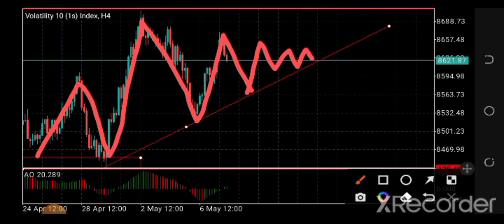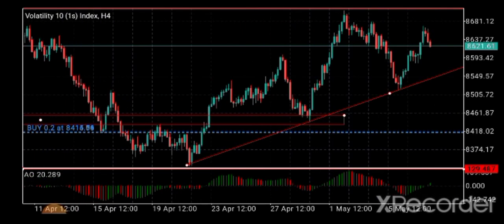Those who are scalping: since it's an uptrend market, you wait for the market to reach here, meaning there is a possibility of the market going up. If you're scalping, you enter for a short time, then you cancel the trade.